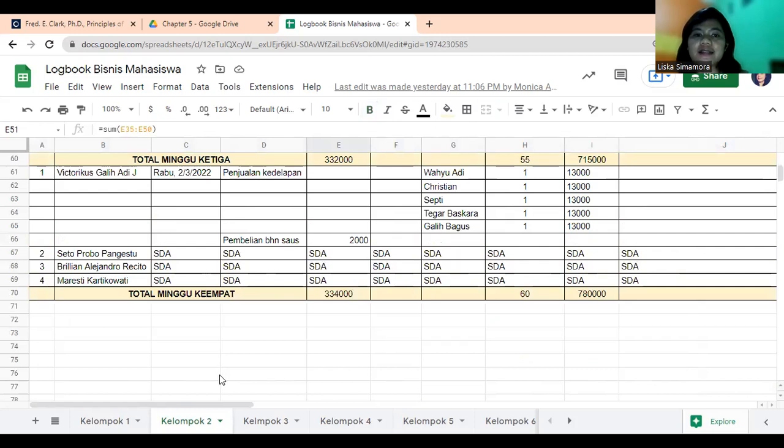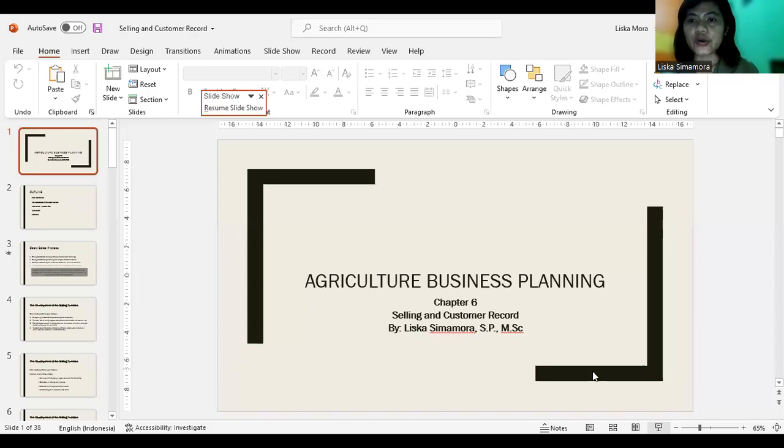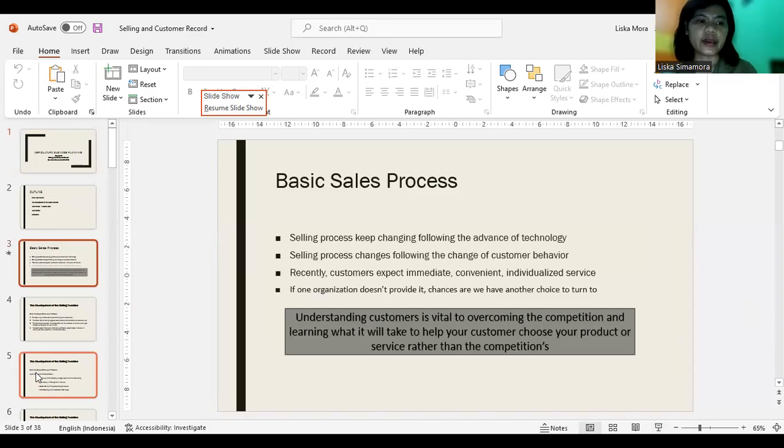And at the end of our project, you have to calculate them all, so we can conclude whether you get a profit or loss. Okay, so I put the spreadsheet on this link. You can go there, write down your name according to your group.